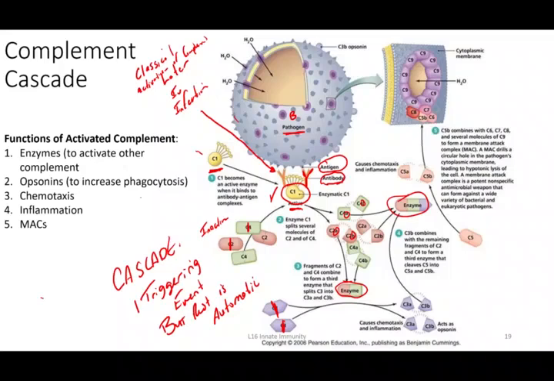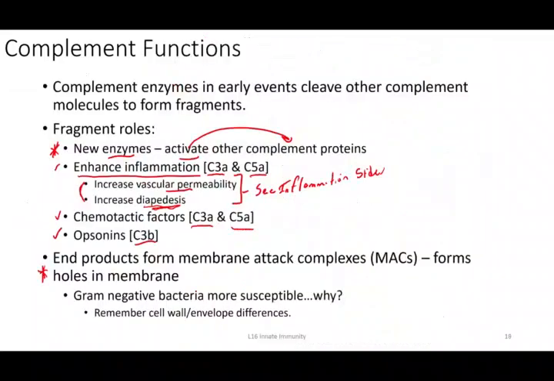As long as you have everything set up correctly, all you have to do is push one domino and start it to fall, and all the others are going to fall subsequent to it because of the arrangement of how this works. And so this cascade, we use that term to describe things like the clotting cascade, where you just need one initial event and then all those subsequent steps will follow after it. And so that enzyme is really another important role as we see.